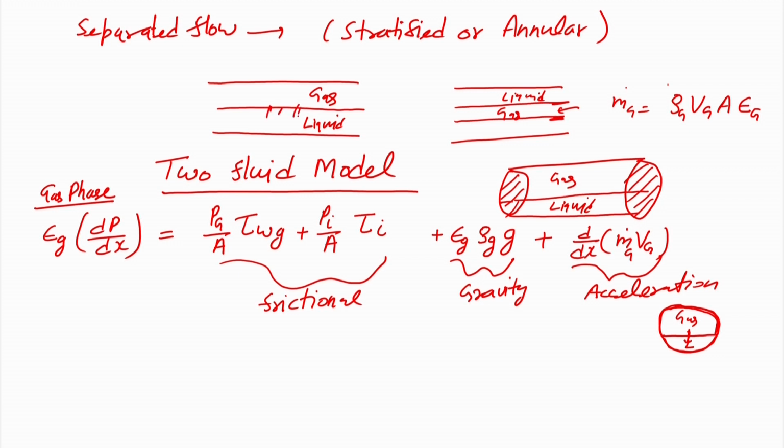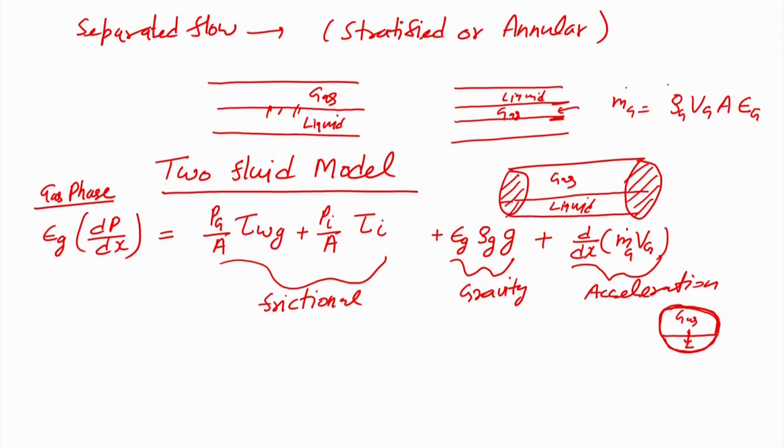Because it is a cylindrical geometry, do not assume that there will be two interfaces here. It is the same interface which is forming. So, there will be an interface in annular as well as in stratified flow, and that is why the equation remains the same, only some values will change, which we will see once we discuss in detail. So, that is the way you can write the gas phase equation.